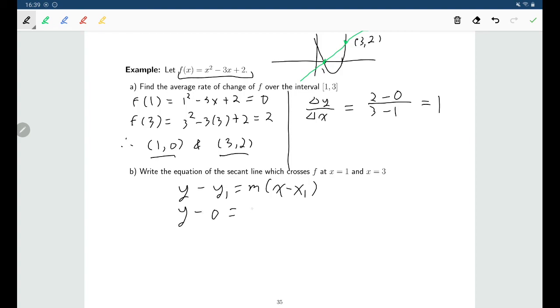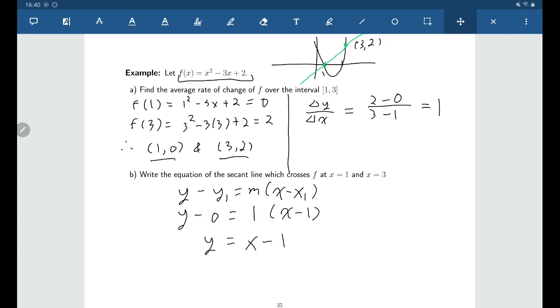So putting in 0 for y, putting in 1 for x, and putting in my slope of 1 that I just found, because the slope of my secant line, that is my average rate of change. And then just simplifying. There I go, the equation of my straight line that passes through my parabola there when x is 1 and when x is 3 happens to be the straight line y equals x minus 1.